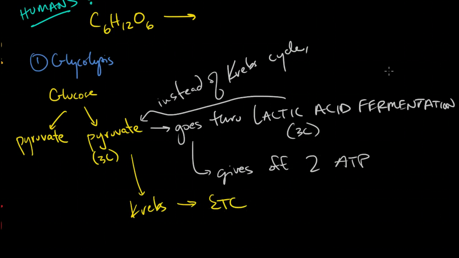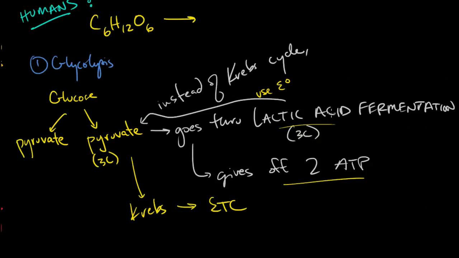So the lactic acid is kind of like a reserve form of energy, but in order to go back, it has to use energy, even though it made energy. So it gave off energy to go in this direction, but uses energy to go back into pyruvate. So it's not really a good way to make a lot of energy.